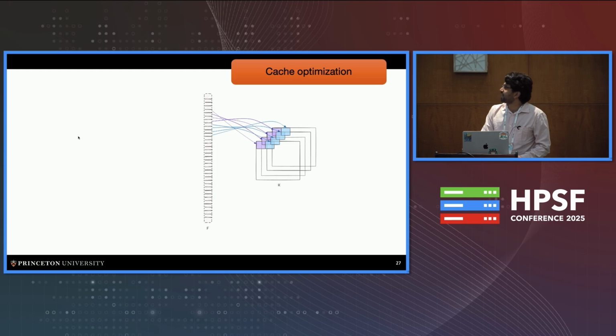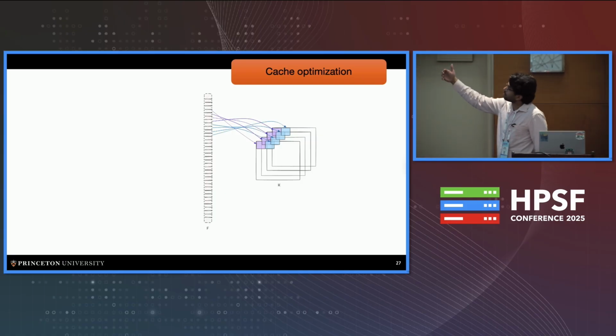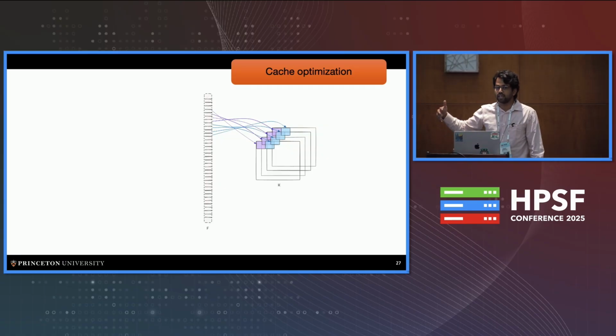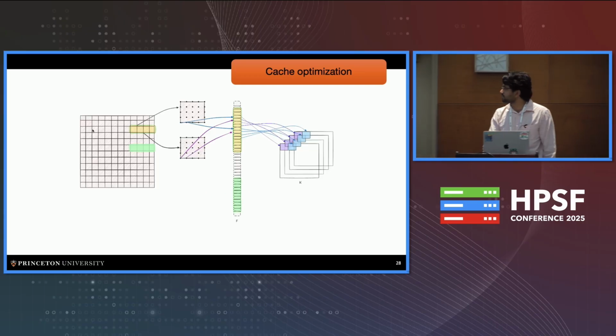It would be nice if my access pattern looked something like this: if I could load the 0,0 quadrature points of all the elements in the chunk, and the 1,1 lay right next to it. So that's the optimization that we did next.